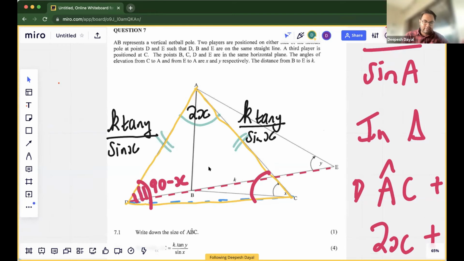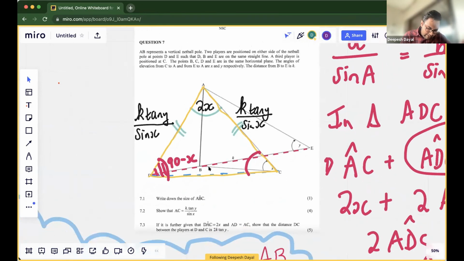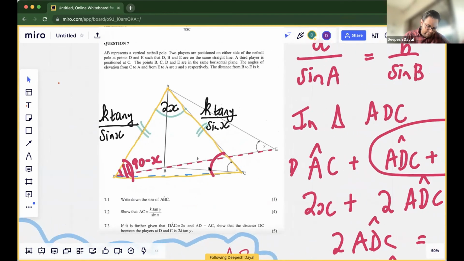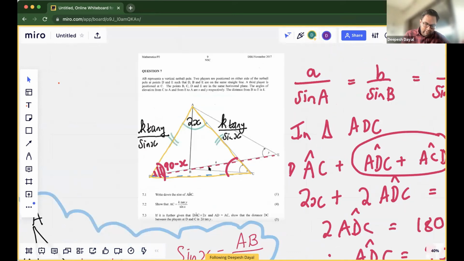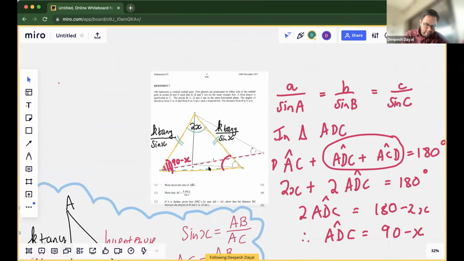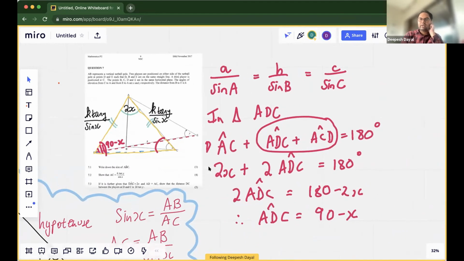Okay, now we can use that as a foundation to find DC. We can use that now to find DC. Let me minimize this again for you. Okay, so ADC is 90 minus x.